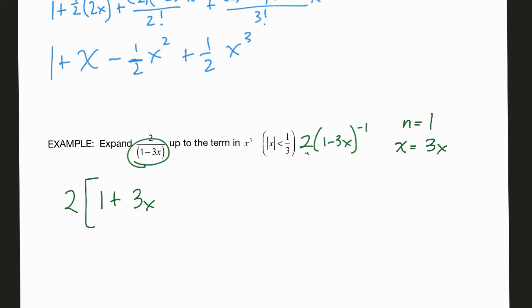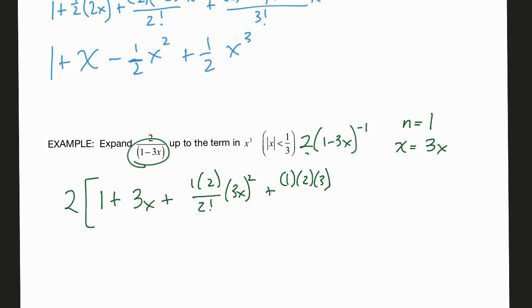That's 3x plus, and then I've got n times n plus 1 over 2 factorial times 3x squared. And then my third term is going to be 1 times 2 times 3, right?